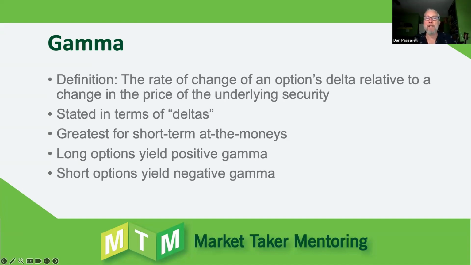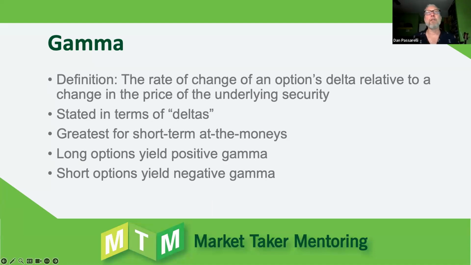Long options have positive gamma, and positive gamma always helps us. Our delta moves in our favor when we have positive gamma. If we have short options, we have negative gamma, and negative gamma always hurts us. Gamma always moves adversely when we have short options. Just think about that.